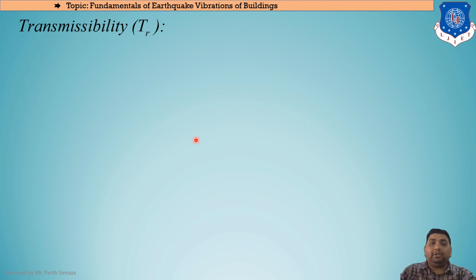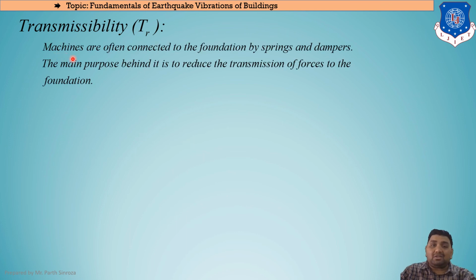So it is very important to know how good the transmissibility of the structure is, whether it will transmit the load properly or not. Machines, or even structures, are often connected to the foundations by springs and dampers. As we know, in mathematical modeling we always identify that our body is connected to the rigid surface via springs and dampers.